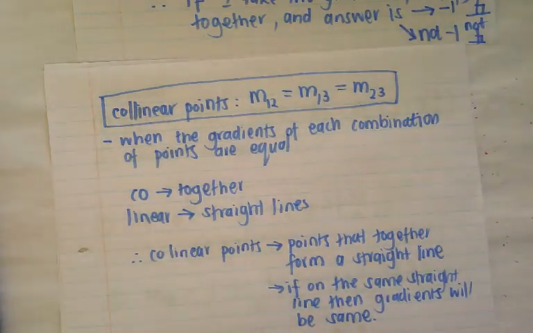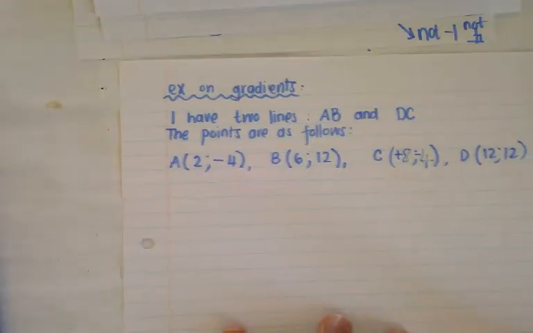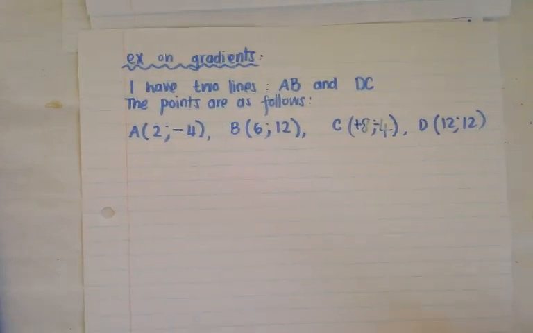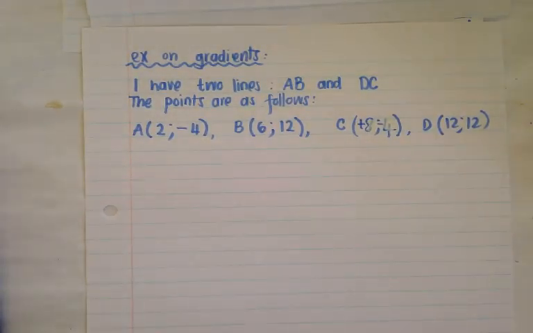Okay, so I have two lines. So exercise on gradients. I have two lines, AB and DC. The points are as follows. A is 2 and negative 4. B is 6 and 12.